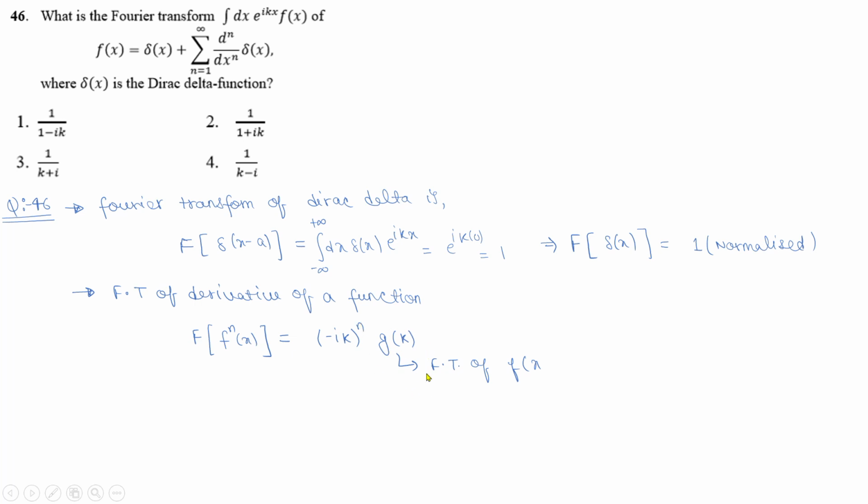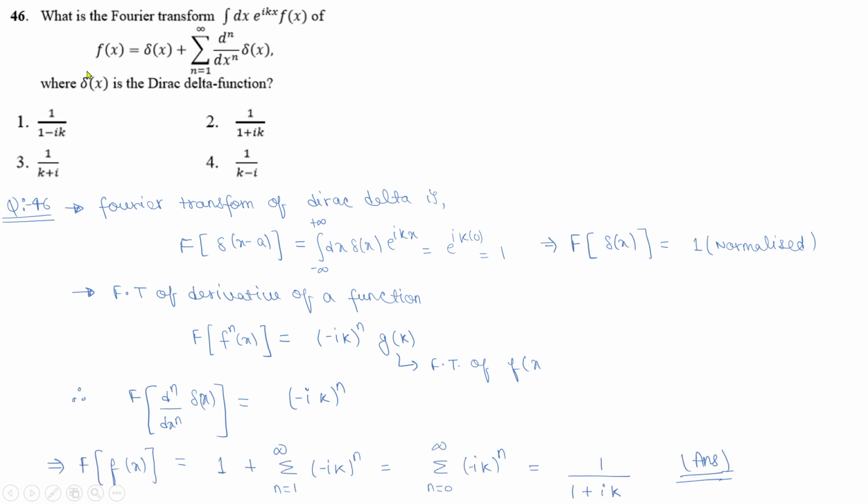This g of k we can get by taking the Fourier transform of f of x. Here the situation is the same. We know the Fourier transform of delta of x, and we want the Fourier transform of the derivative of the delta function, which will be minus iota k raised to power n.